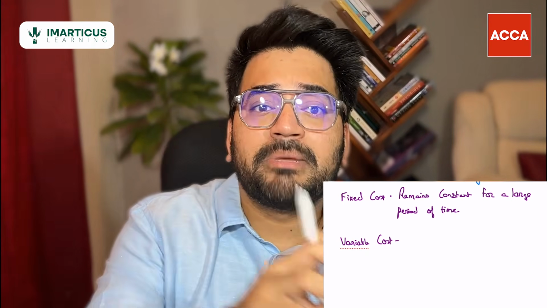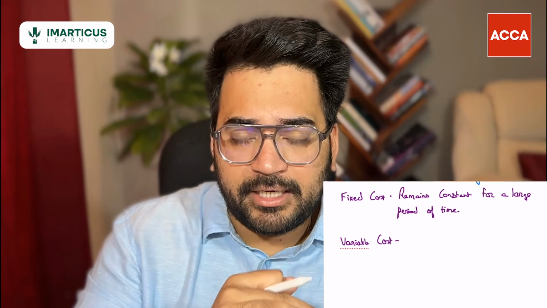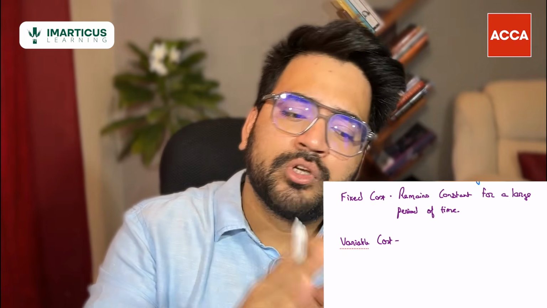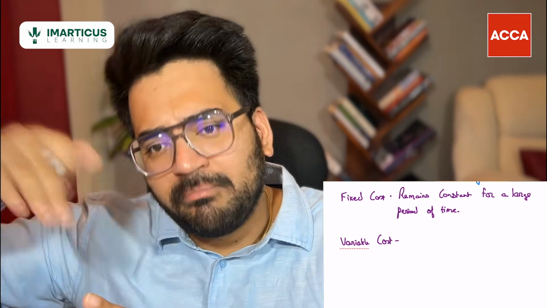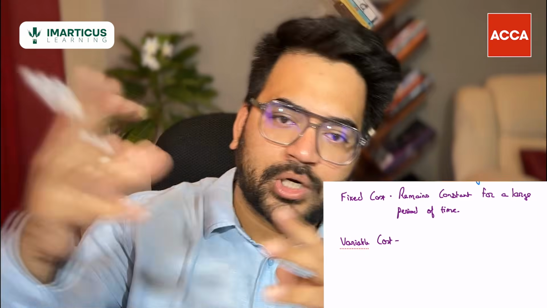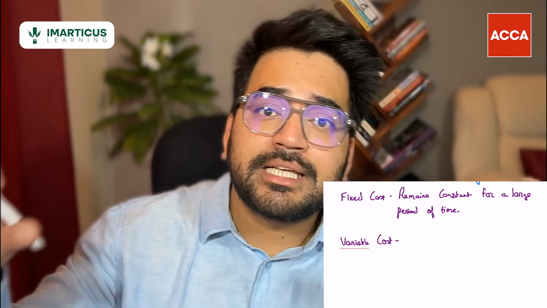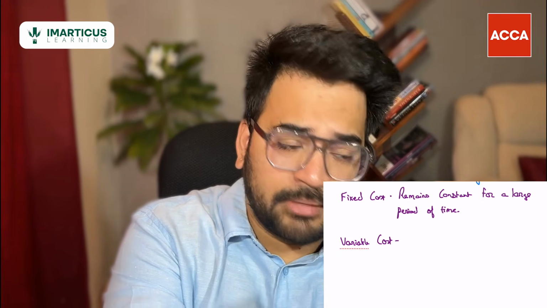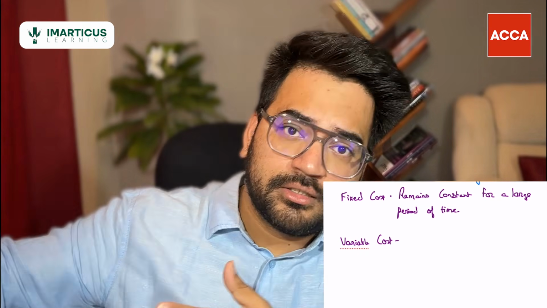Or if you look at a tomato ketchup factory, right? There are machines for washing, drying and pulping, mixing and then bottling. So the cost of those machines is going to remain constant. But the number of tomatoes that you put in, that is a variable cost. The people who are working on those machines, that is a variable cost.